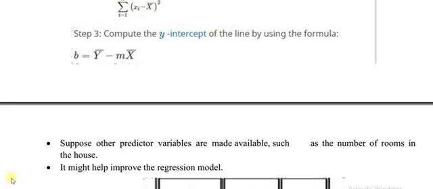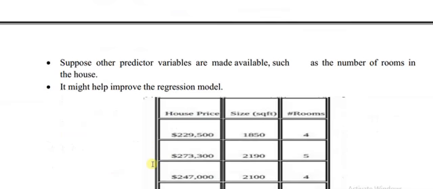For determining the price of a house, one more important factor is how many rooms there are in the house. Space is one important consideration, and apart from that, the number of rooms is also important for judging the house price. That will again improve the regression model.